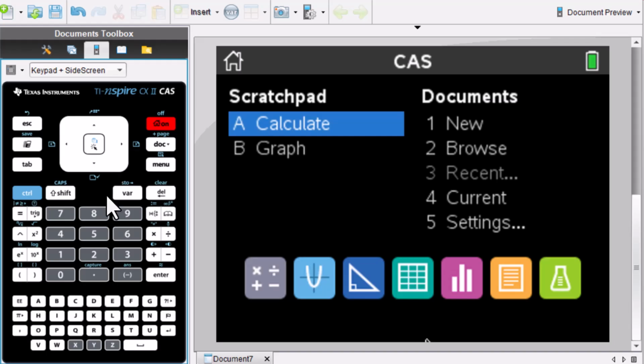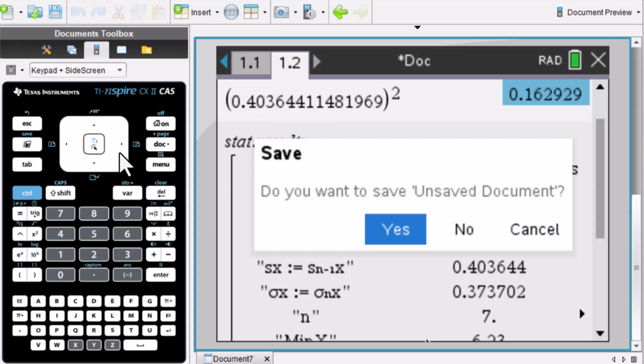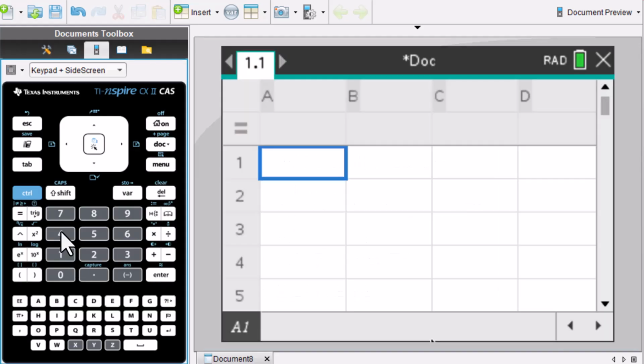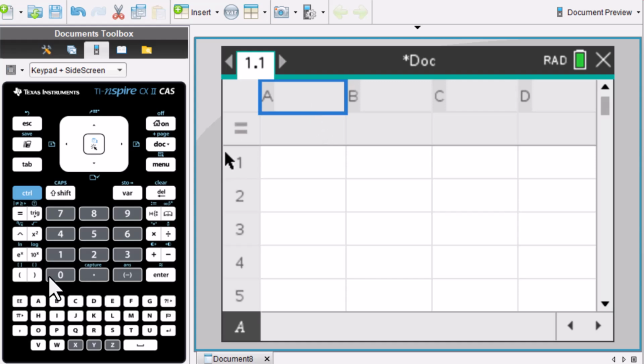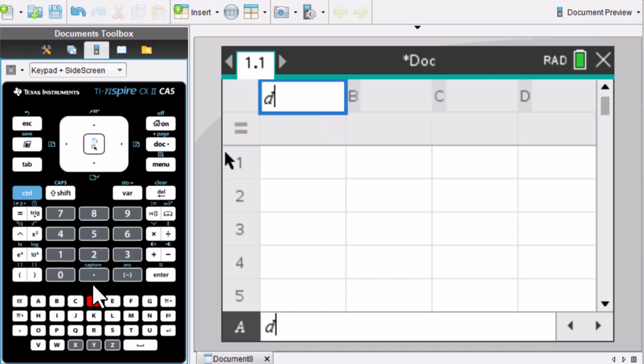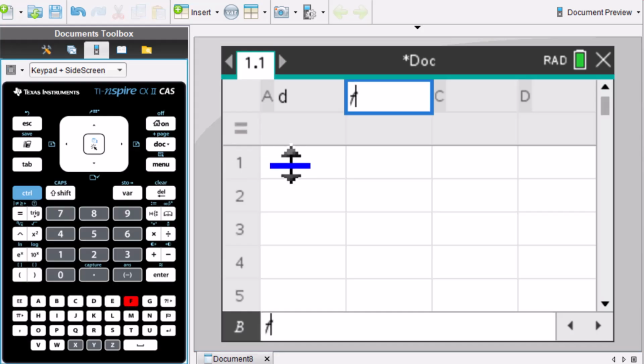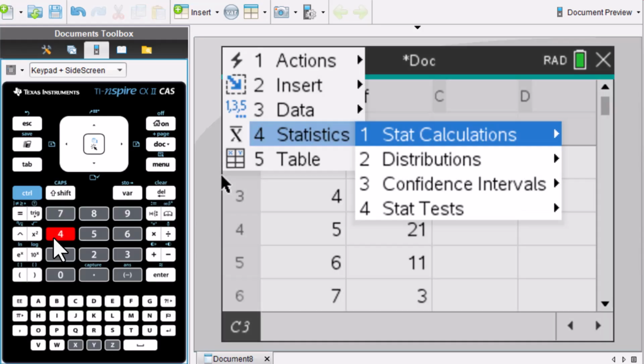Click on 1. No. 4. Add spreadsheet. This is D. This is F. We have a frequency in this data.